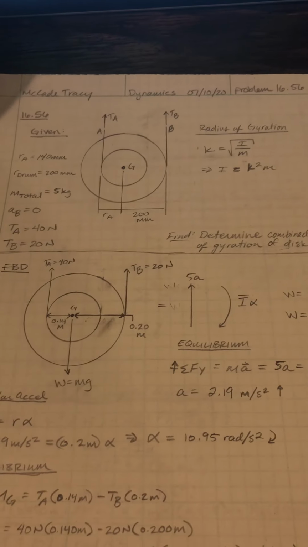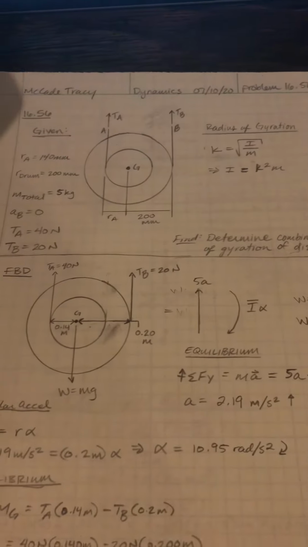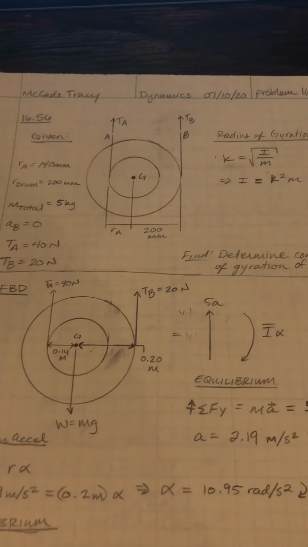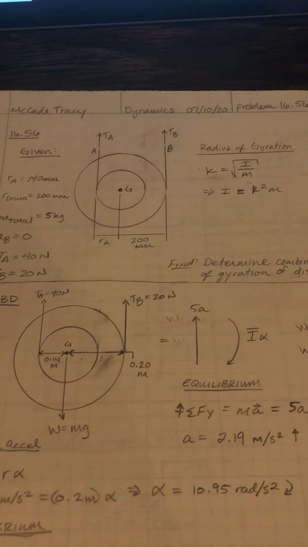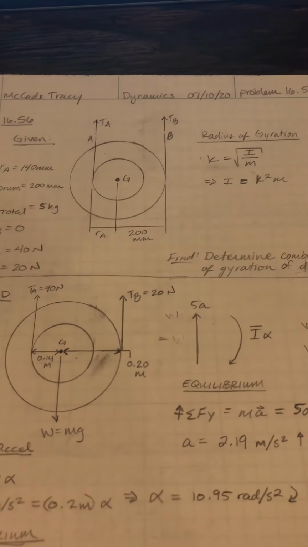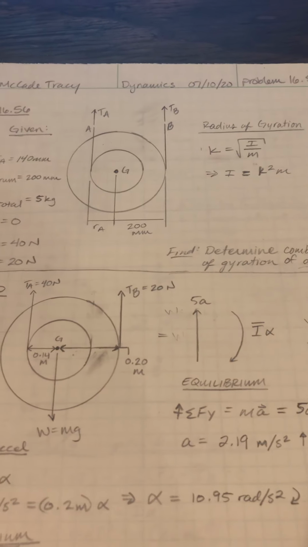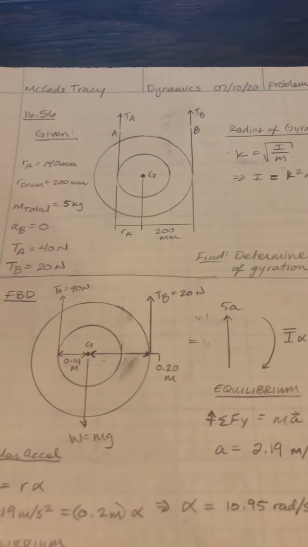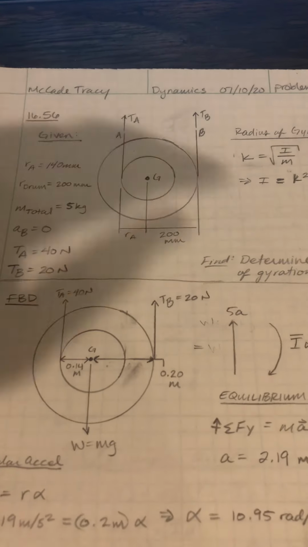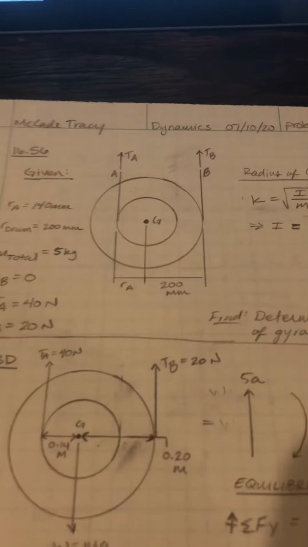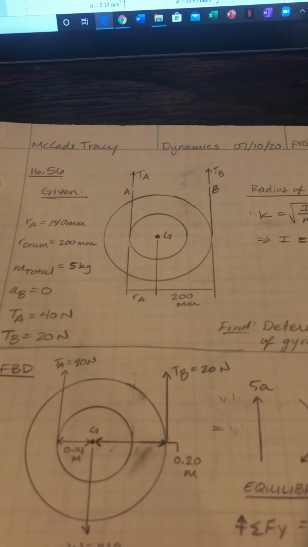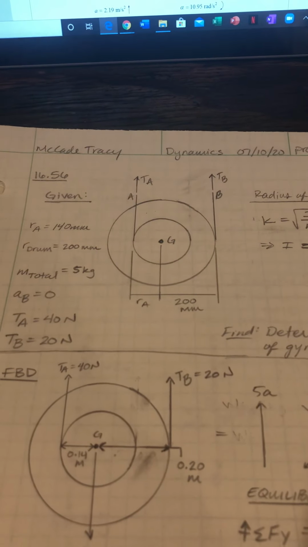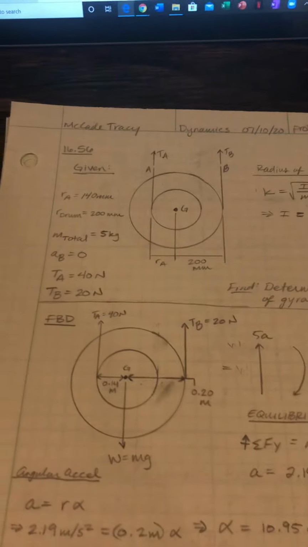The next problem, we have a drum of radius 200 millimeters that is attached to a disc of radius 140 millimeters. They're suspended by two separate cords having two separate tensions, as denoted here.